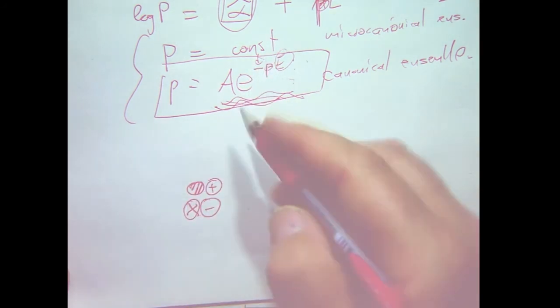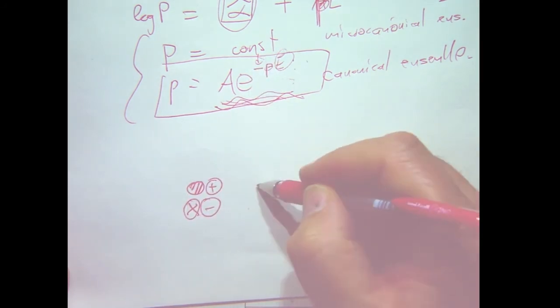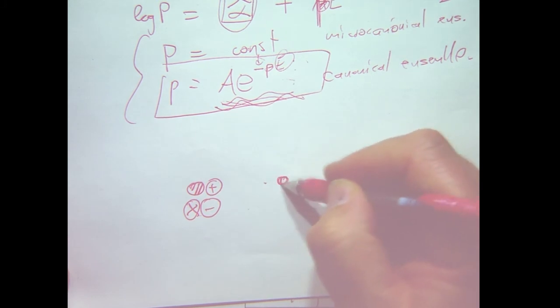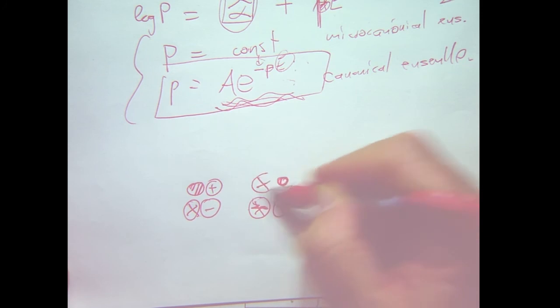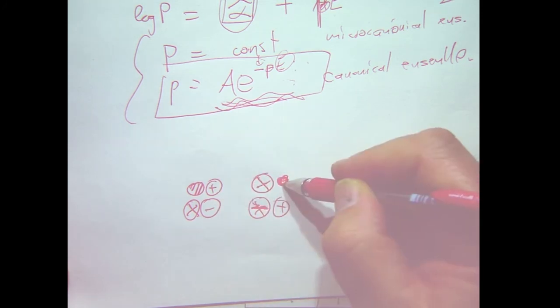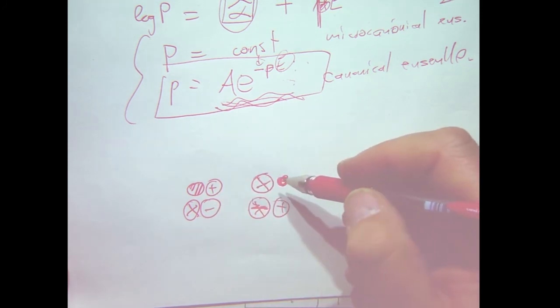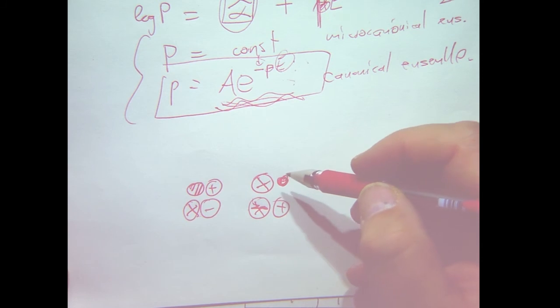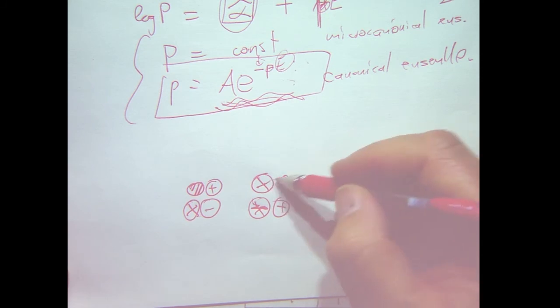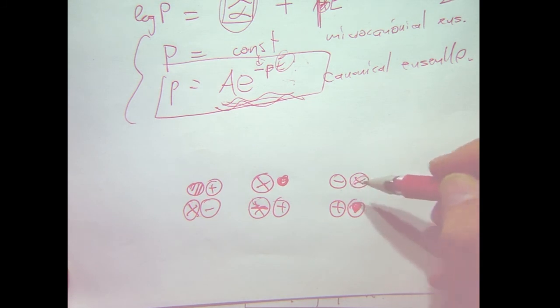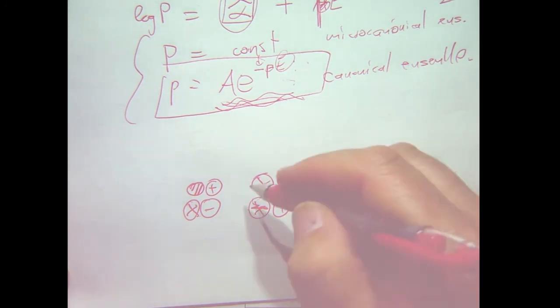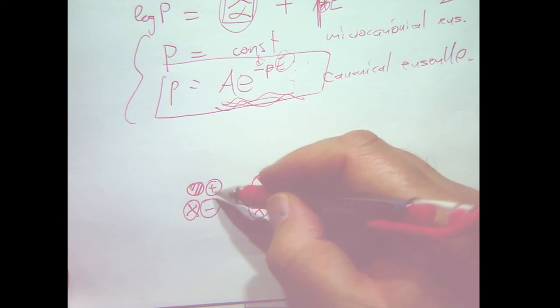If I rotate this like that, okay, that's a rotation, but it's also a permutation.